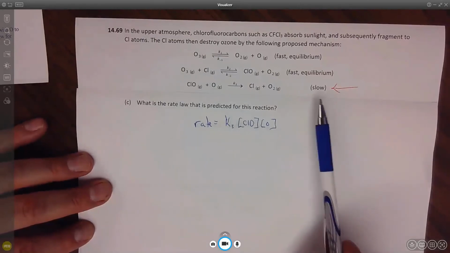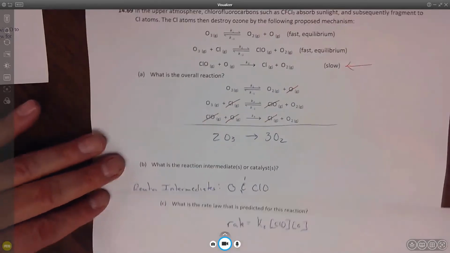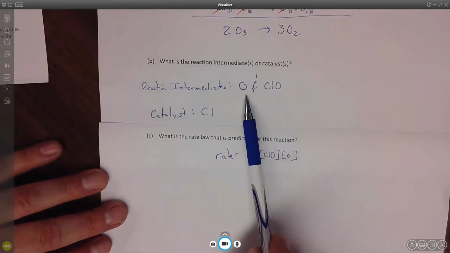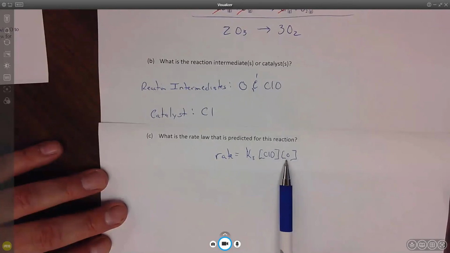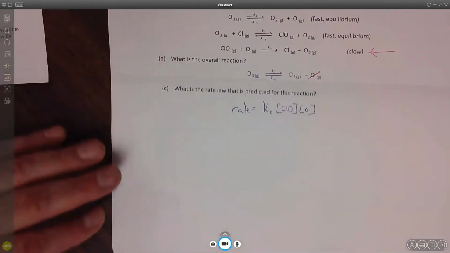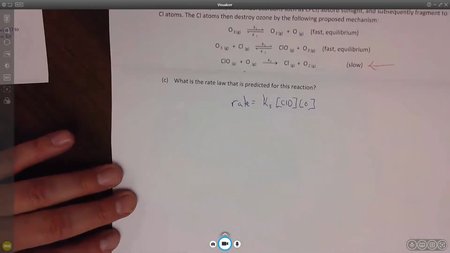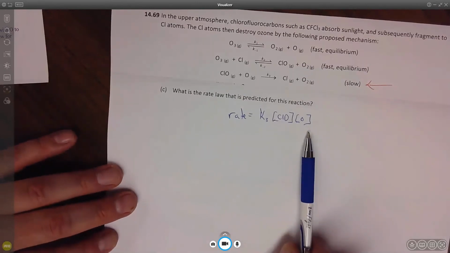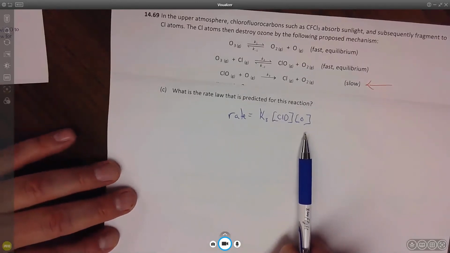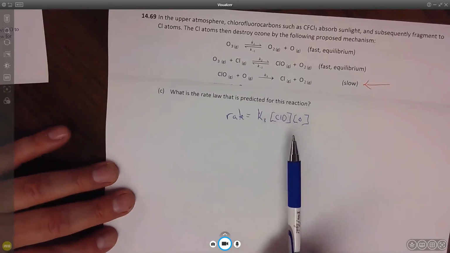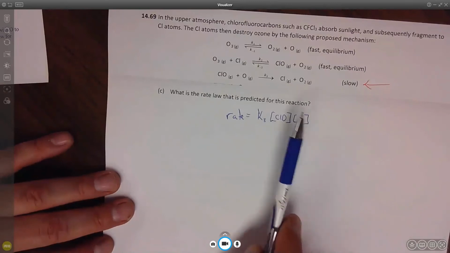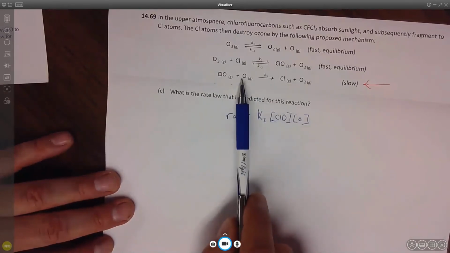So again, we're going to base it off the slow step, but the problem is that slow step contains reaction intermediates. So we have to get rid of both of these reaction intermediates. Okay, this would be the toughest of this type of problem I could possibly put on the exam, where we have multiple reaction intermediates. But again, it's really not that bad. So we're looking for an equation that would contain, for example, the oxygen. Well, we can't use this one because that's our rate law.